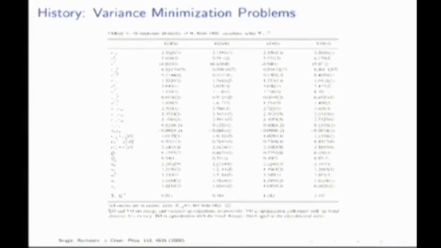So you actually do get much better trial wave functions and more accurate observables if you use energy minimization instead of variance minimization. So this prompted more work on doing the actual energy minimization instead of using variance.